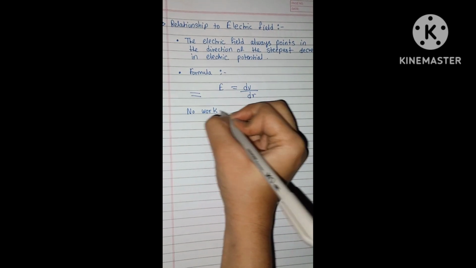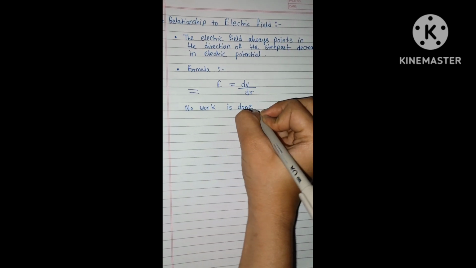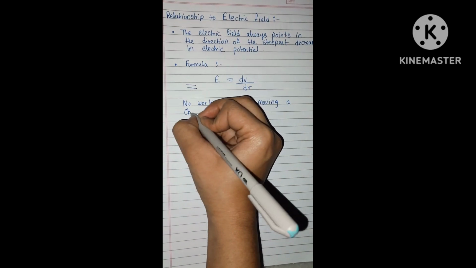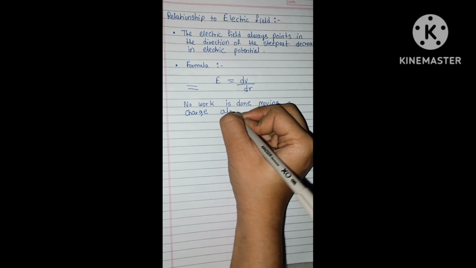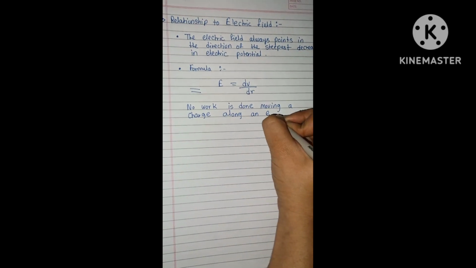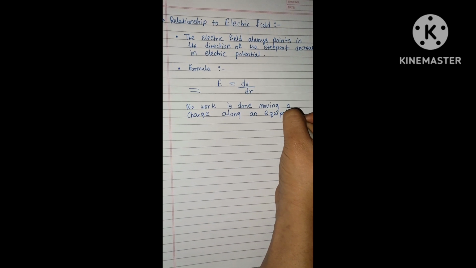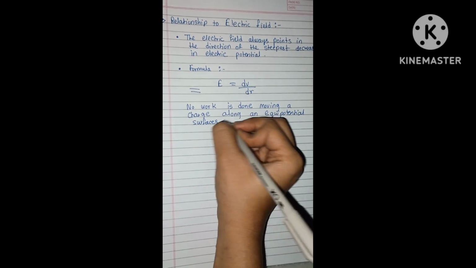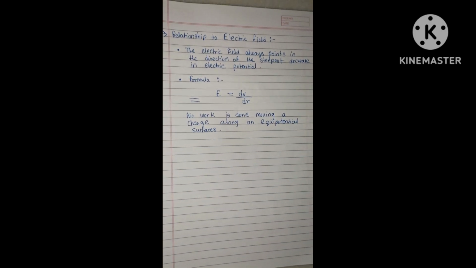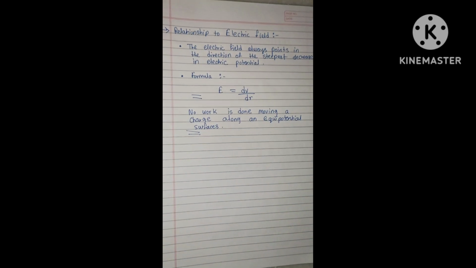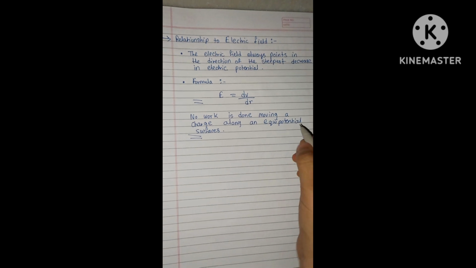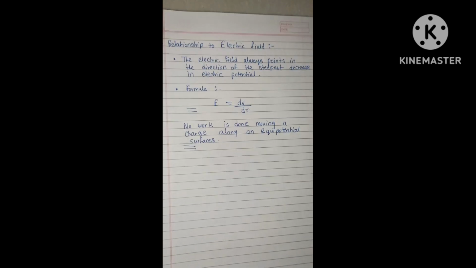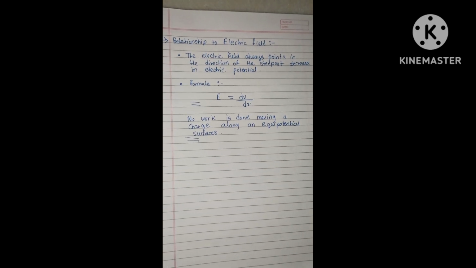No work is done moving a charge along an equipotential surface. Okay, you have to remember this also. In NEET it was asked in which theory equipotential surface has no work done. So the option was relationship to electric field.